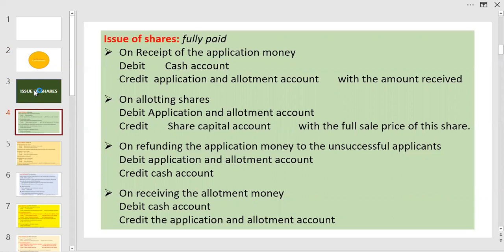If any applications are rejected, step 3. The cash will be refunded, crediting cash account, debiting application and allotment account. Step 4. With the allotment, the shareholders are expected to pay the balance money, which will be cash debited and application and allotment account credited.